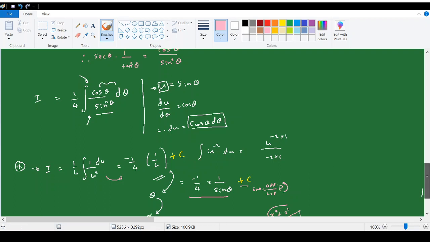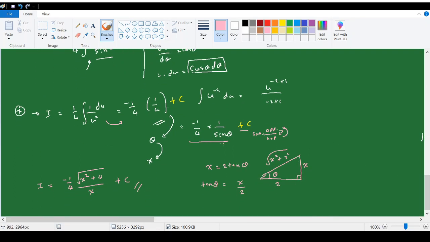Anyway, we got the answer in terms of theta, and to convert everything back into the original variables, which is a must you have to do, we make use of this right angled triangle along with these trigonometric relationships, right?